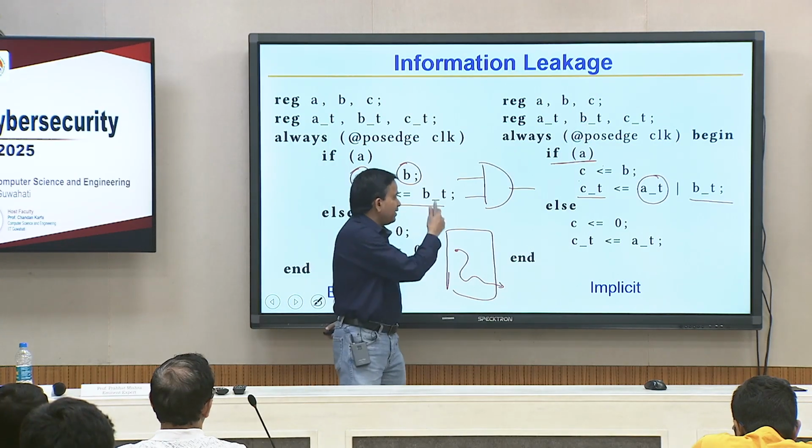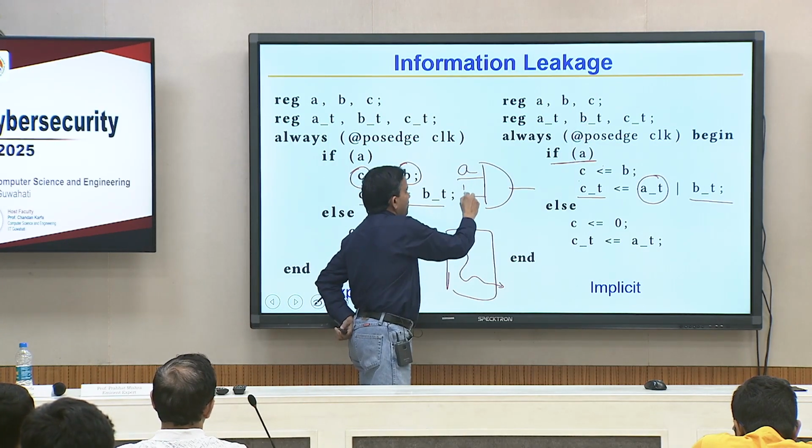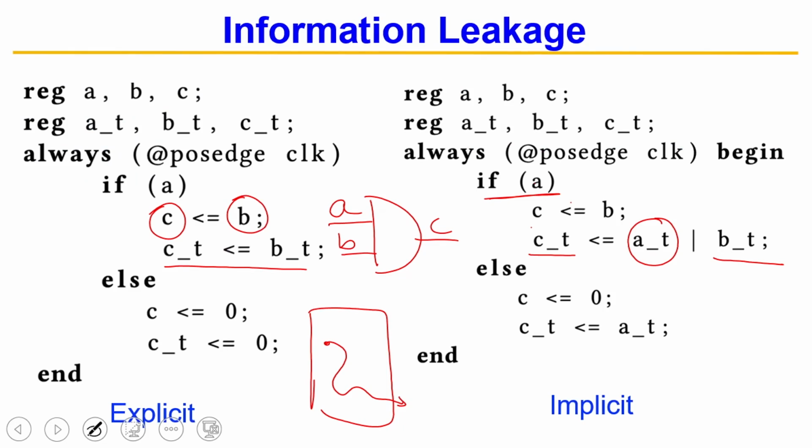If I apply that argument, with A and B as inputs and output C, it should give me a function where C is always the taint propagation, using C underscore taint, A underscore taint or B underscore taint. I am not saying it is wrong, but it is conservative. A more precise answer would be needed. So, these are all imprecise: implicit imprecise, explicit imprecise.